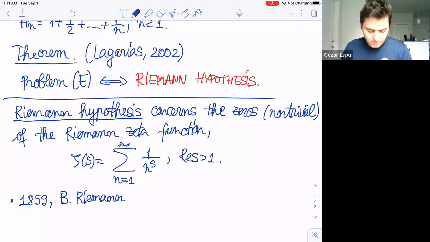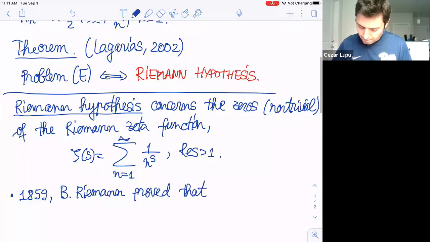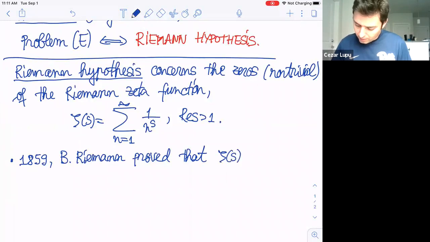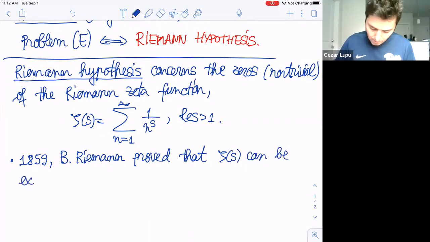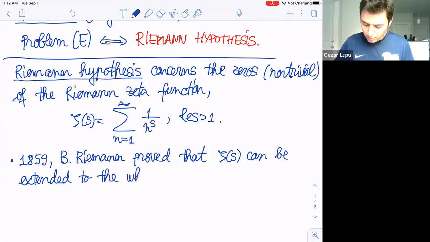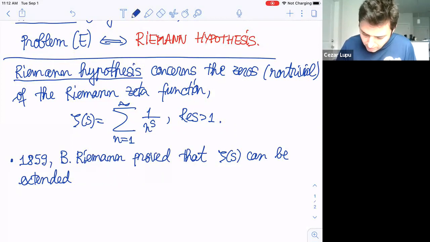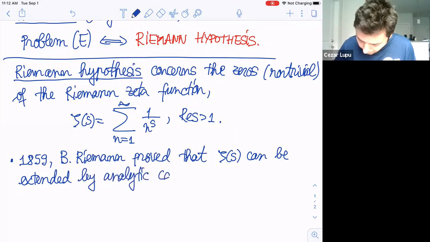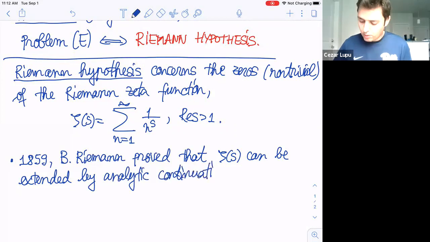Among other things, he proved that zeta of s can be extended by analytic continuation, whatever that means, to the whole complex plane.